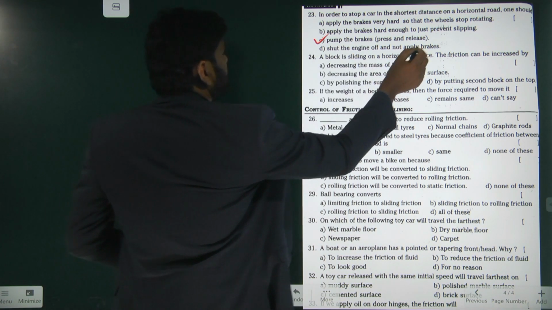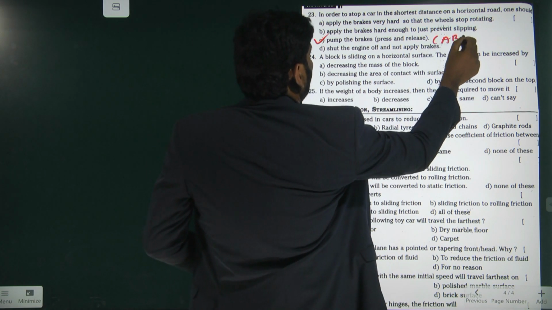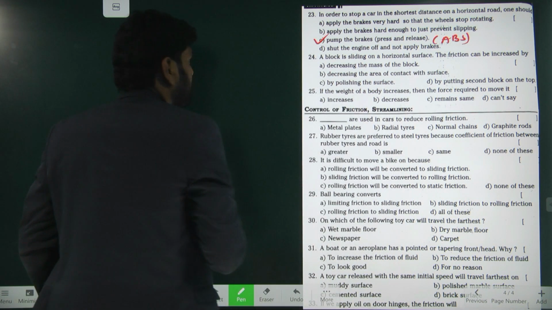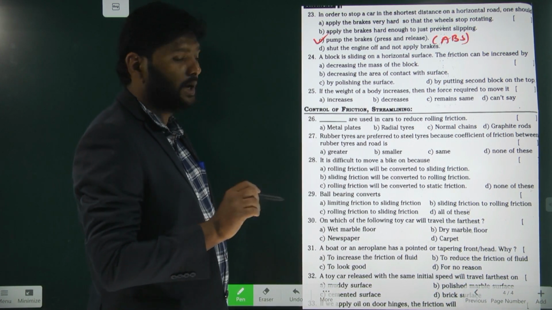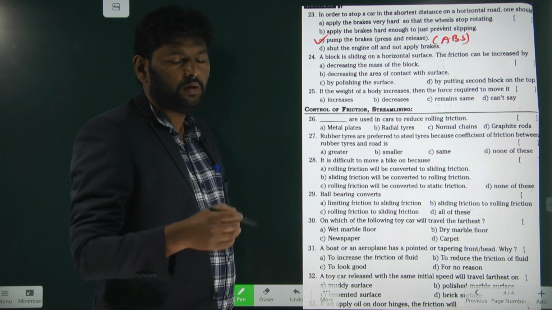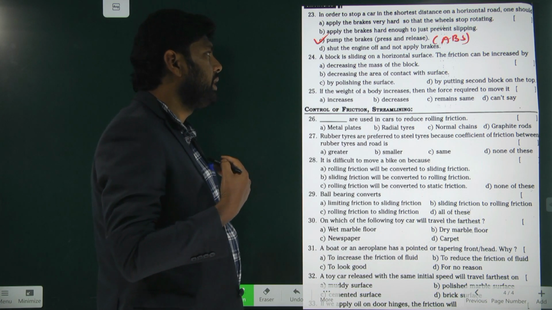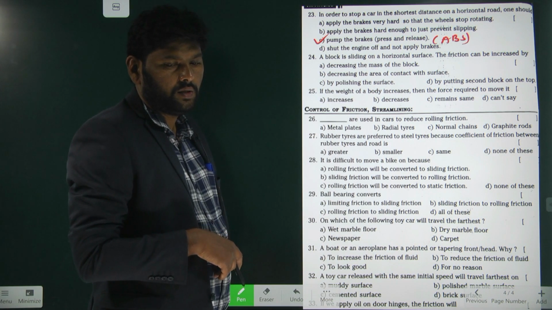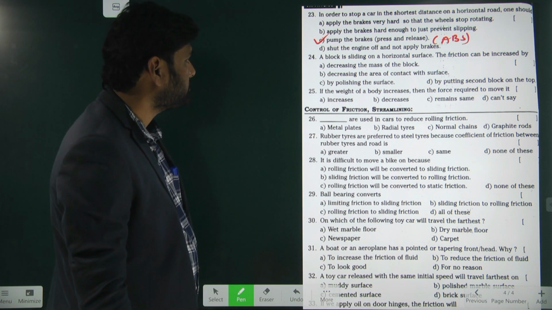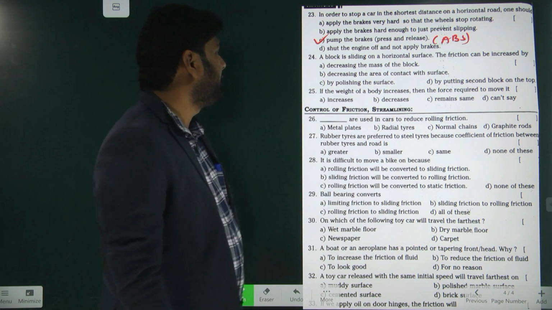Understand? Press and release. Even nowadays, every vehicle has an ABS system, anti-braking system.